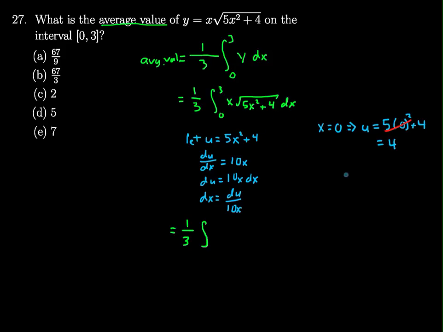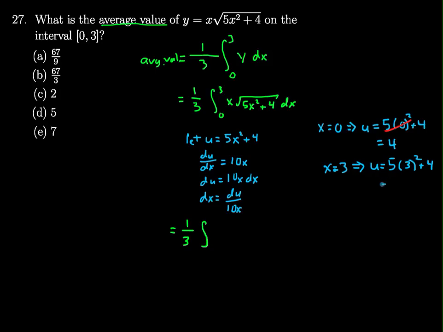And the upper limit, x equals 3, so x equals 3 implies that u will equal 5 times 3 squared plus 4. So let's put in 5 times 3 squared plus 4. 3 squared is 9. 5 times 9 is 45.